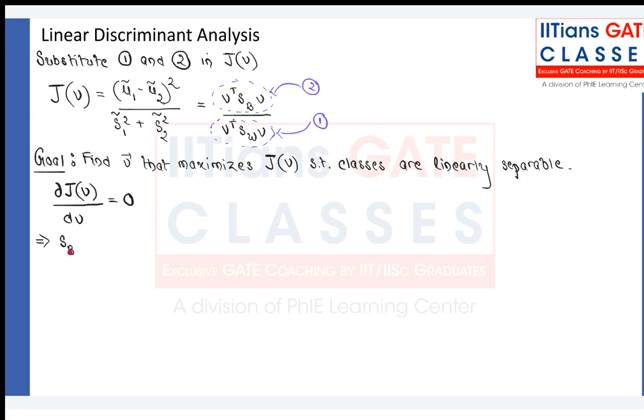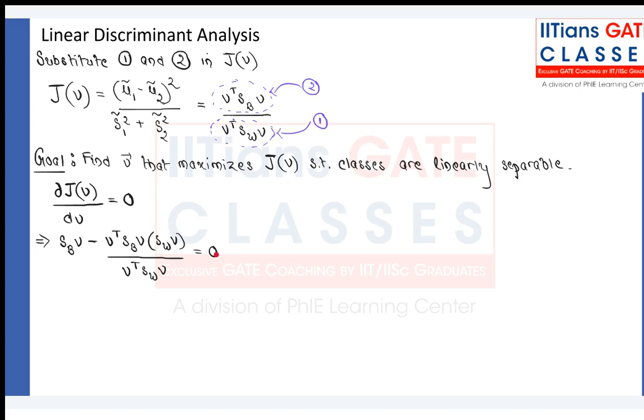So we get SB v minus v transpose SB v SW v divided by v transpose SW v, and I equate it to 0.